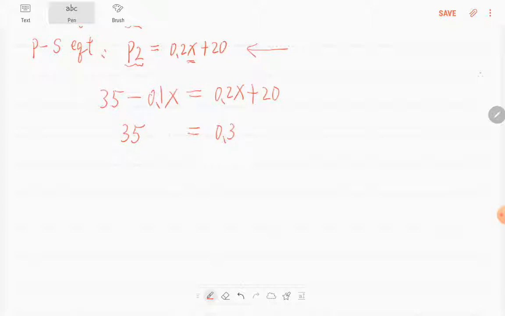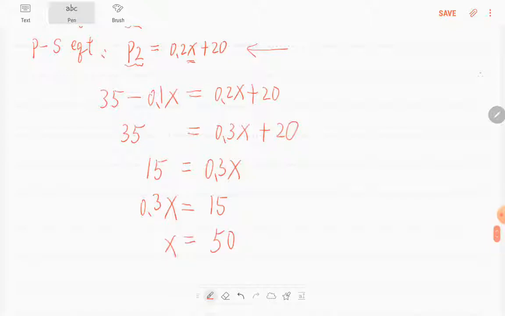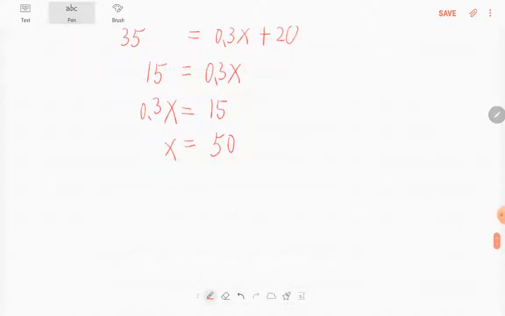Then we subtract 20, so you have 15 equals 0.3x. So x equals 50. This is called the equilibrium quantity.